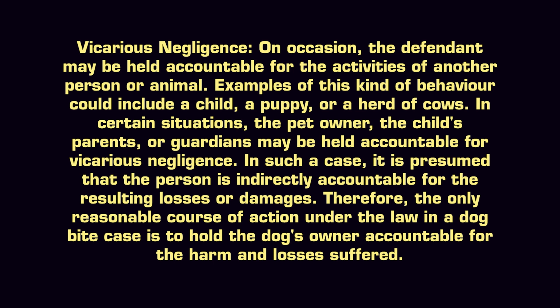In such a case, it is presumed that the person is indirectly accountable for the resulting losses or damages. Therefore, the only reasonable cause of action under the law in a dog bite case is to hold the dog's owners accountable for the harm and losses suffered.